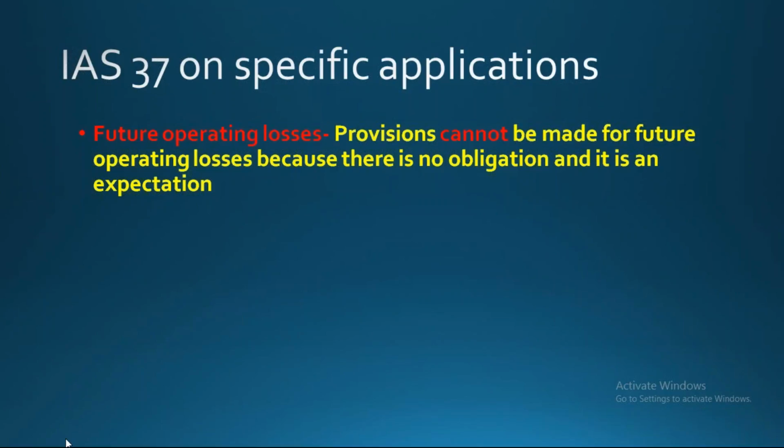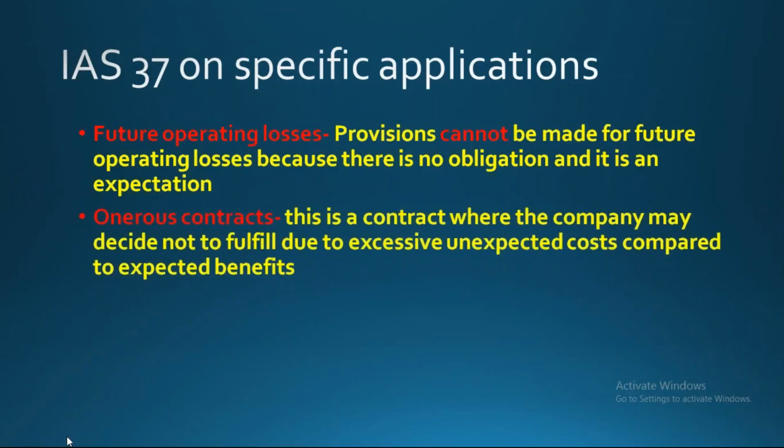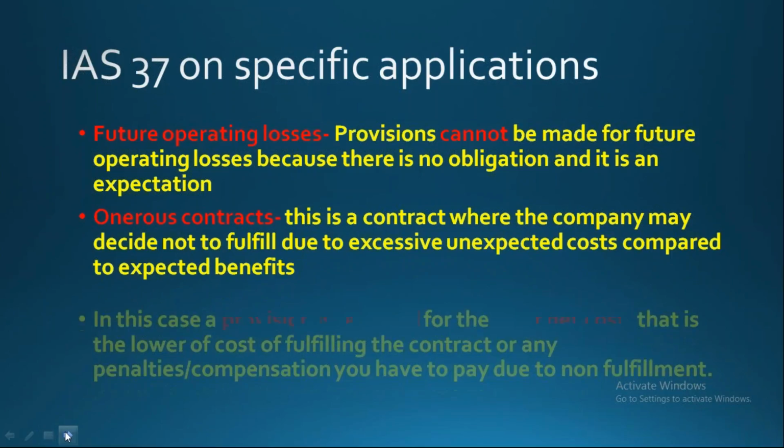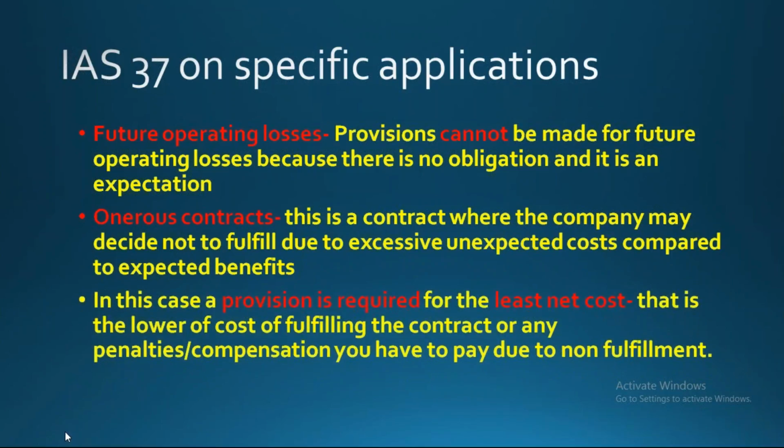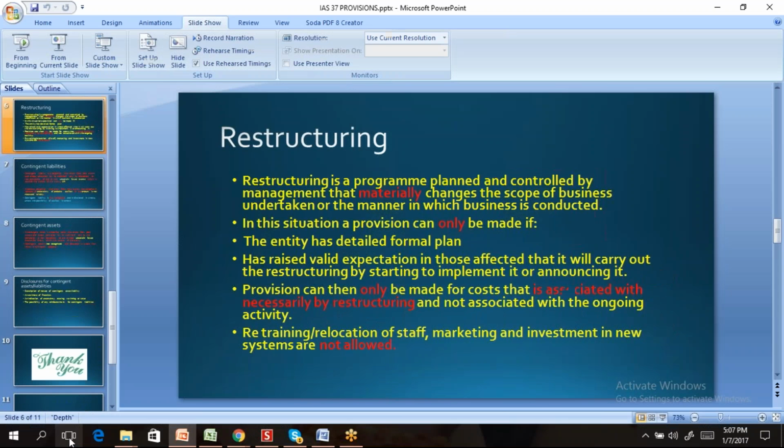So it is only an expectation, and therefore you don't need to provide. But having said that, I will share these slides with you. These are very good slides. You can go through them and later on ask me questions.